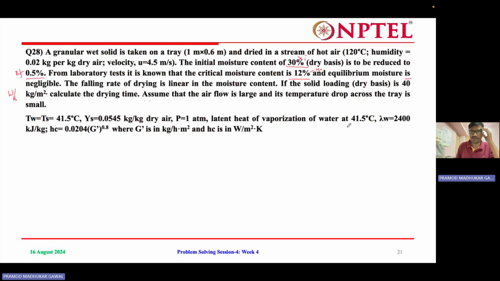The latent heat of vaporization of water at 41.5 degrees Celsius is 2400 kilojoule per kg. The heat transfer coefficient relation is given, where G dash is the gas flow rate in kg per hour meter square, and hc is in watt per meter square Kelvin.